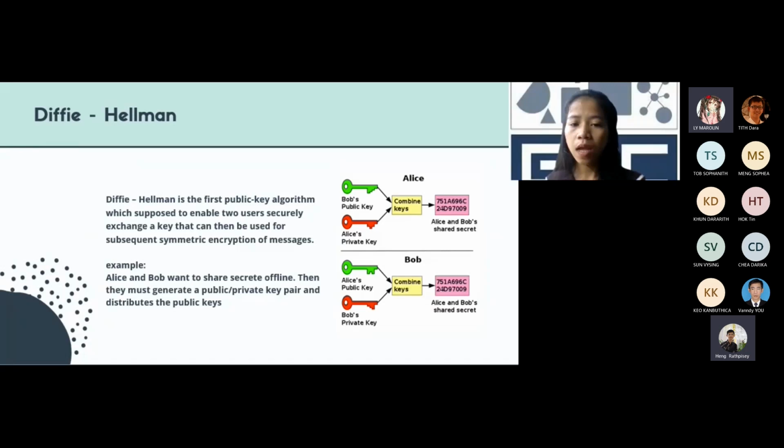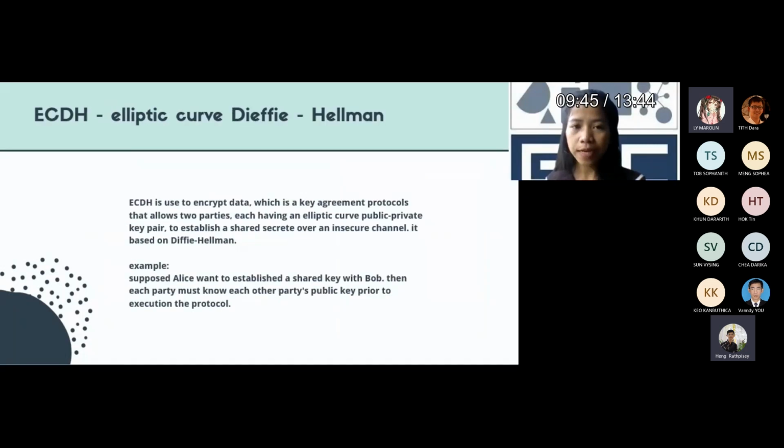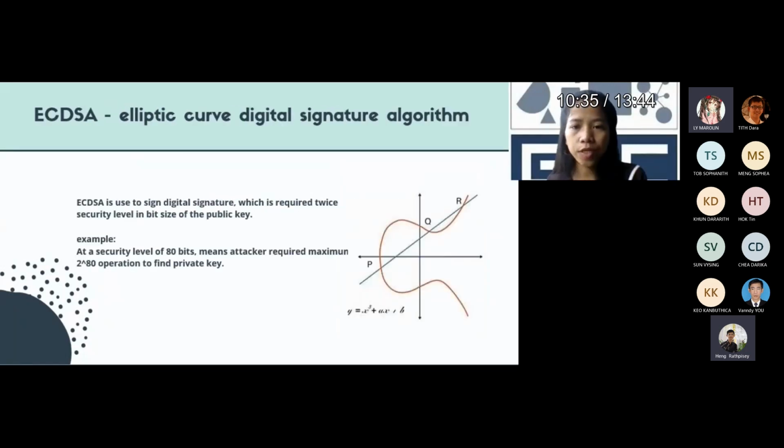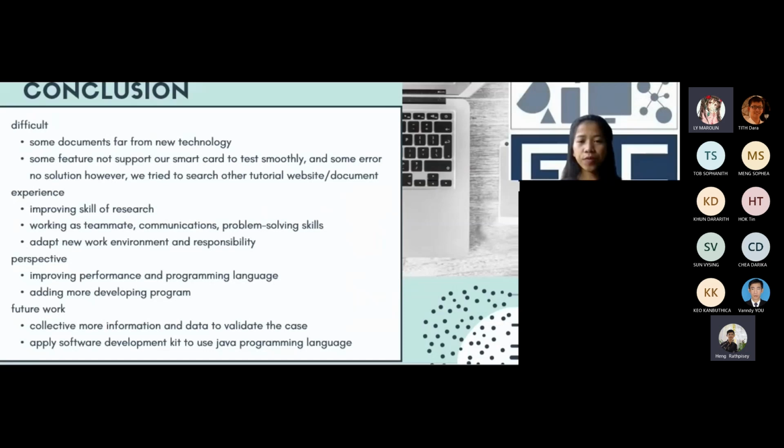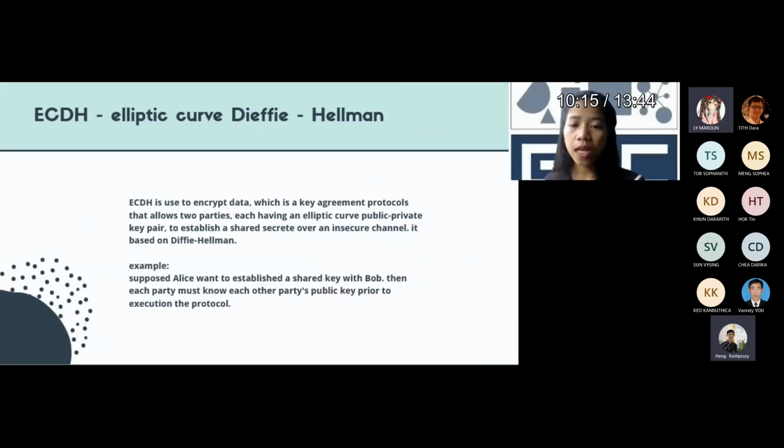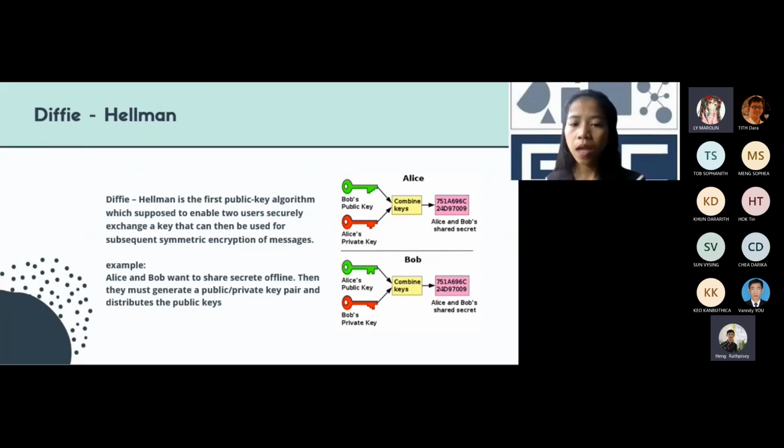The next picture is that besides ECC, there is not only ECC. In asymmetric encryption, there is also the digital signature, like if we want to encrypt data or encrypt that signature. For example, when teacher goes to ABA bank or Aslida bank to register for a credit card or Visa card, they will ask you, teacher, would you like to sign a letter or would you like to sign a signature?